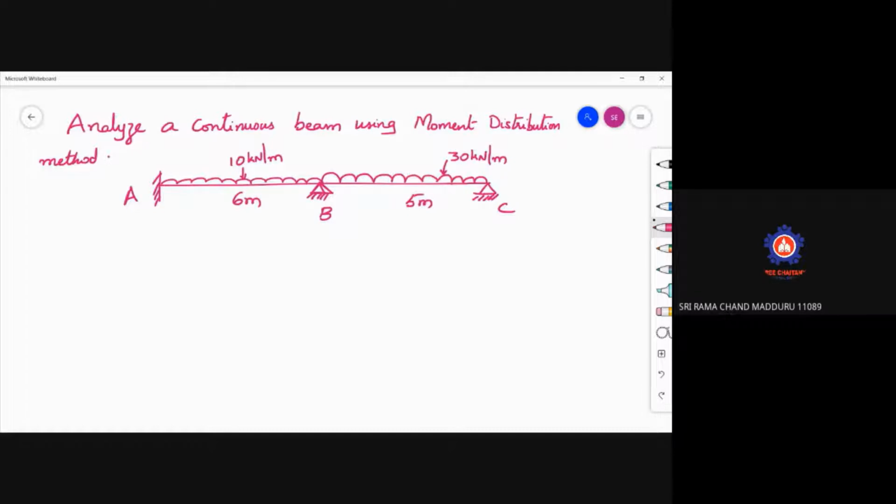Here nothing is mentioned about the moment of inertia, so we'll take the moment of inertia as equal.